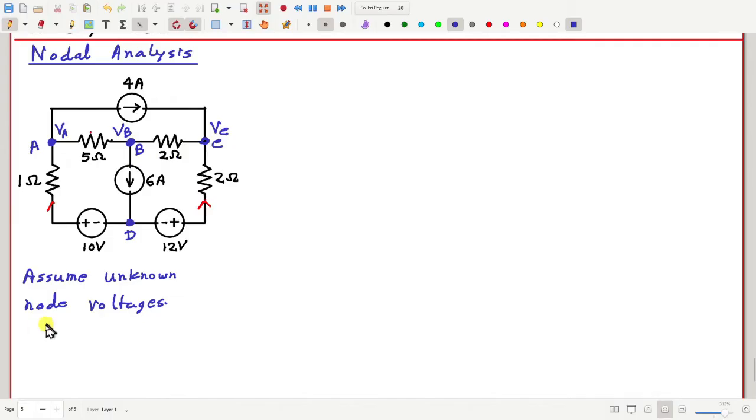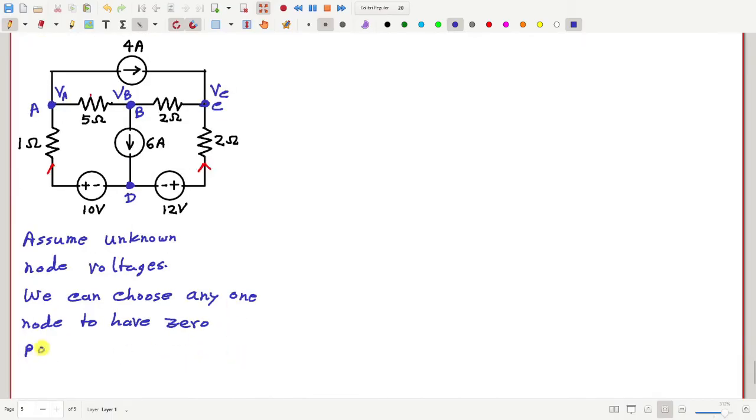Now, one thing you can do, we can choose any one node to have zero potential. That means we call that the reference node. For example, I can choose VD to be equal to 0.